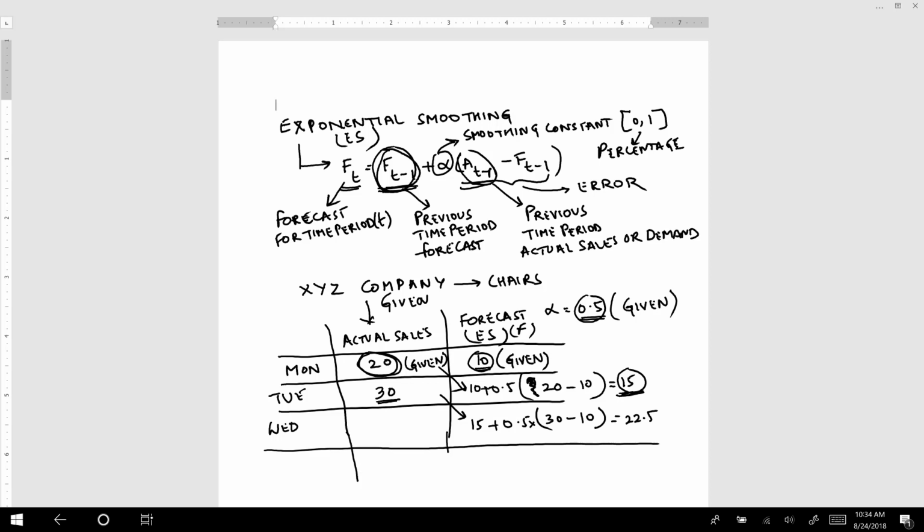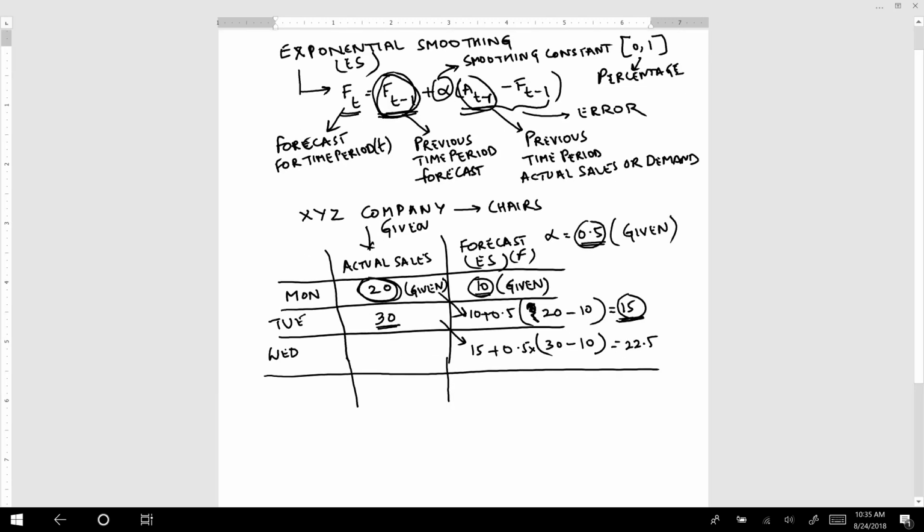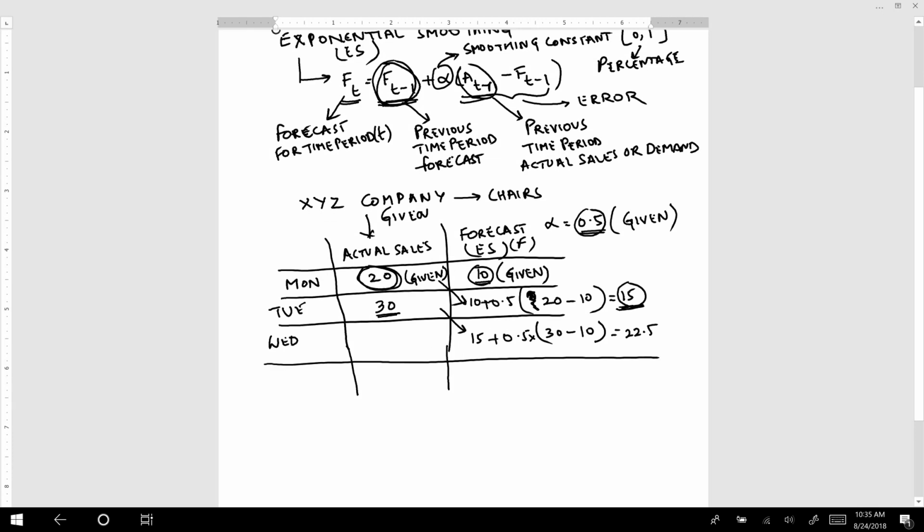Wednesday, again, at the end of Wednesday we will have the actual value. Suppose this is 15, and we want to forecast Thursday.